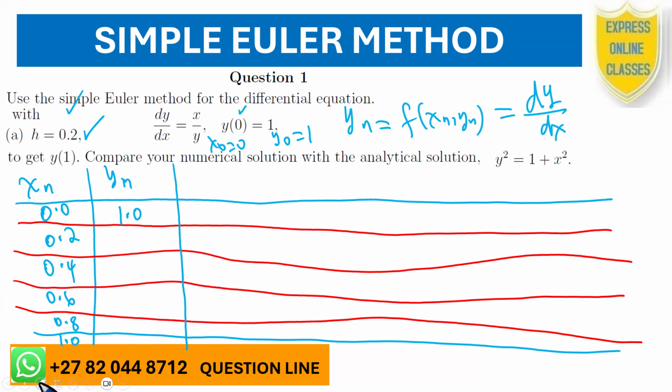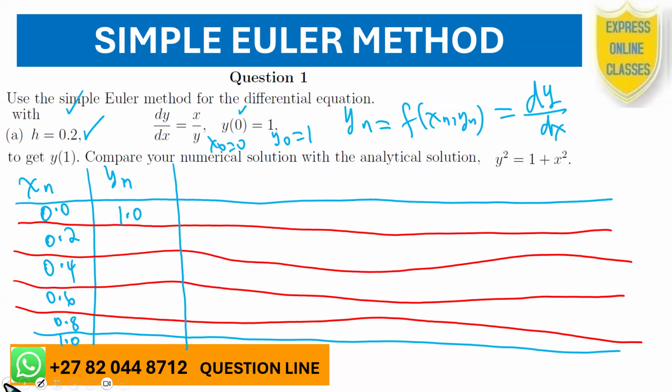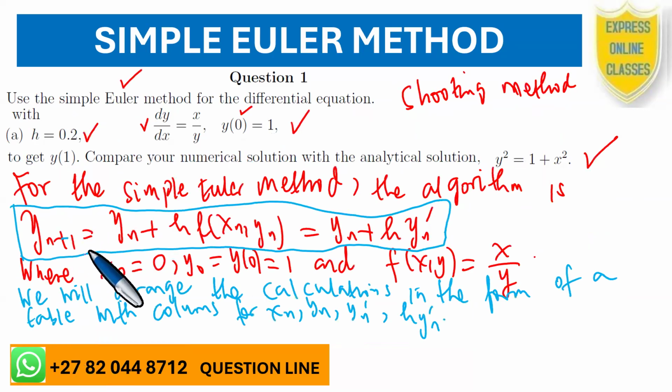So we remember that we have had this simple Euler. To get the next value, we use y_{n+1} equals y_n plus h times f(x_n, y_n).